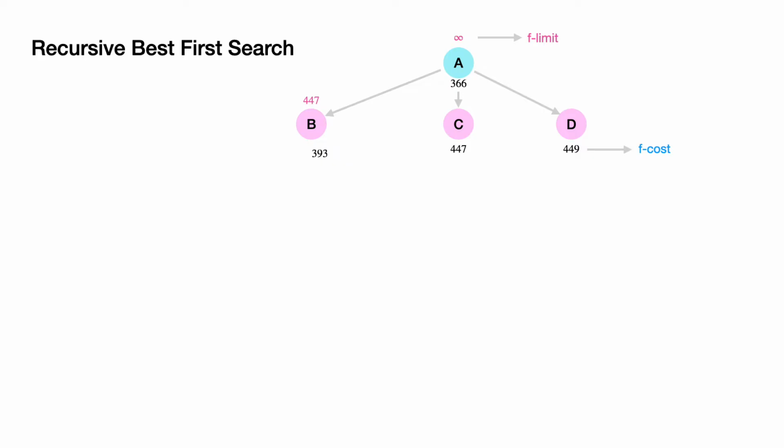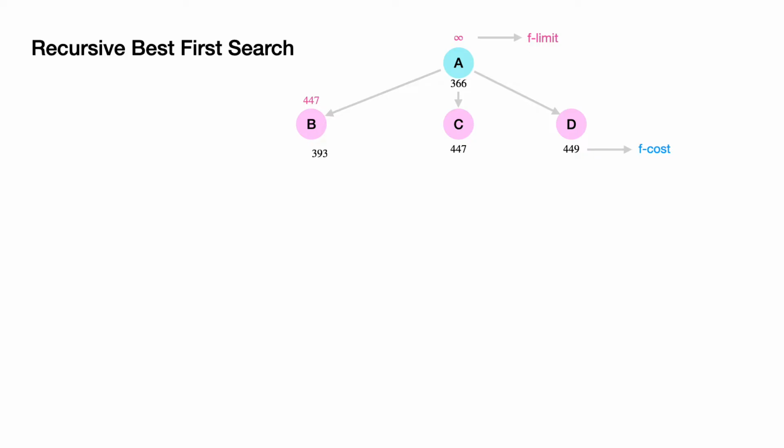As you can see, node B has the lesser f value, 393, but it also stores the best alternative path. Here the best alternative path is node C, so the f value of node C is also kept on top of node B.